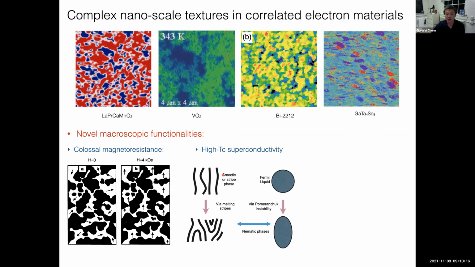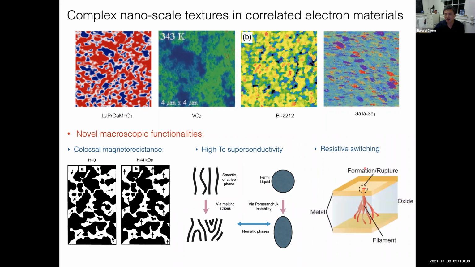This inhomogeneity also plays an important role in the mechanism of, at least in one theory of, high temperature superconductivity that involves stripes and checkerboard patterns.